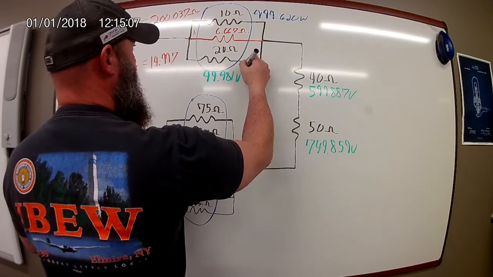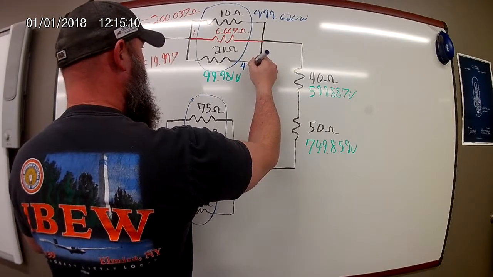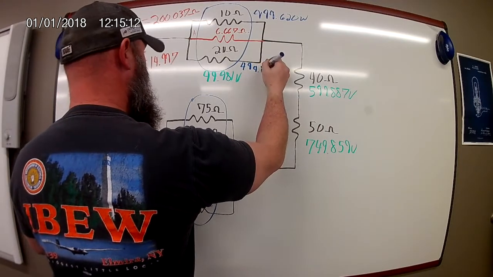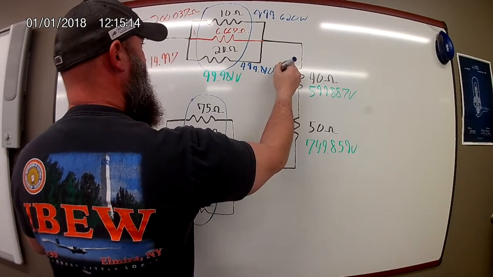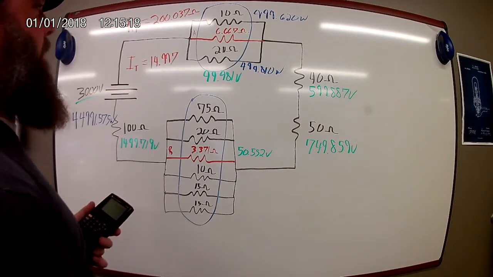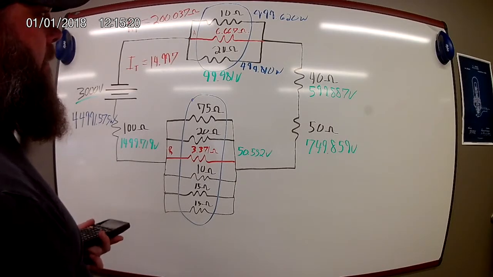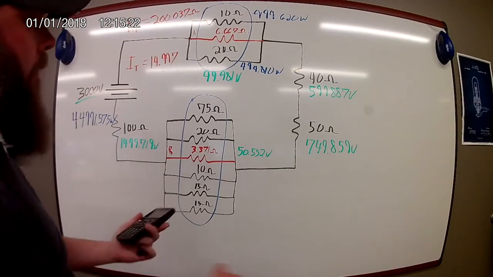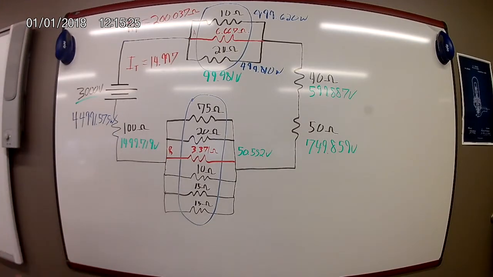This guy down here, 499.810. Now that might kind of throw you a little bit for a loop. It might seem a little bit odd. But you do have to remember that the more current that's getting opposed, the lower the voltage, all the numbers are going to work out this way.